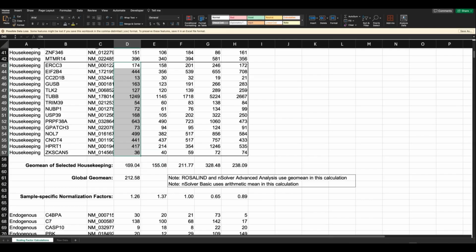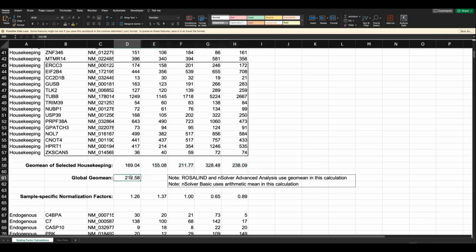In this case, we use the geometric mean. Here is the geometric mean of all of these genes in sample 1, sample 2, sample 3, sample 4, sample 5. Then we take the global average, the global geometric mean of all these values.